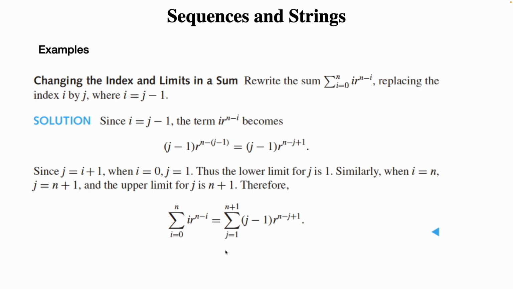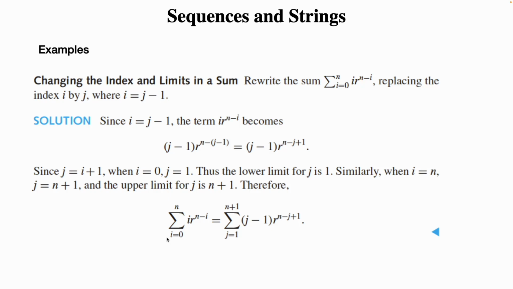So if i is 0, j is 1 in the first case. If i is 1, then you get n minus j.